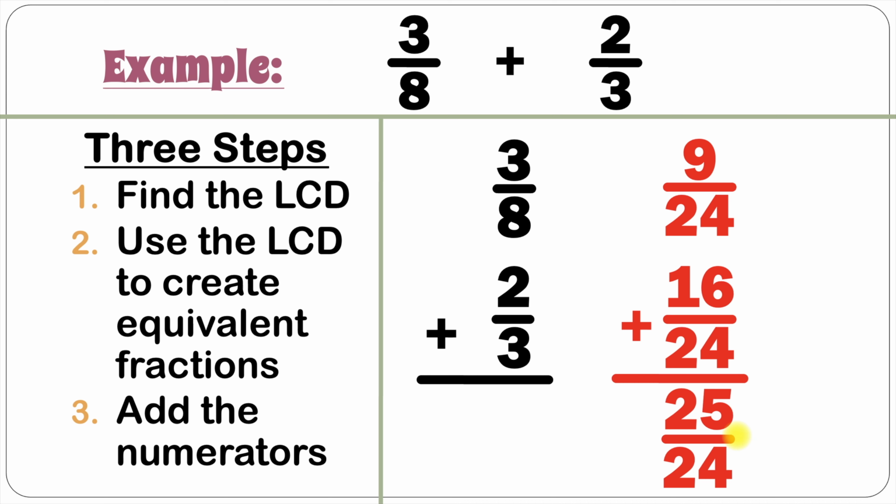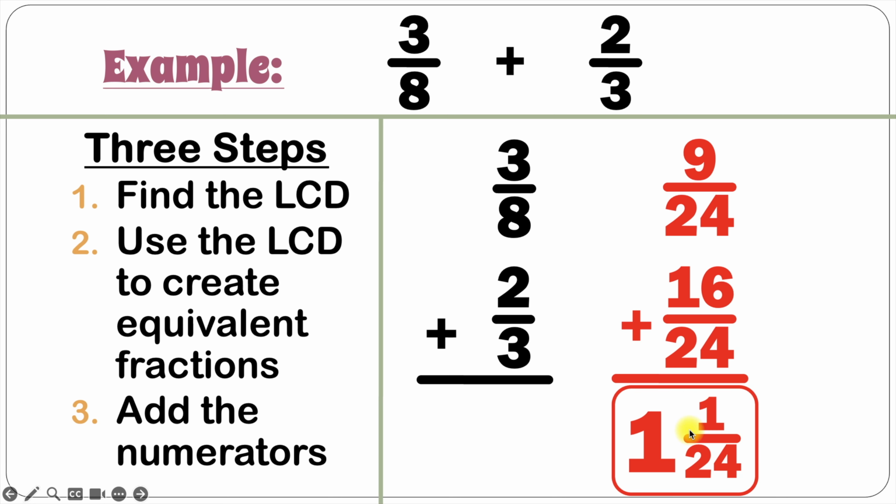The issue is that's an improper fraction, and we can't leave our answer like that. So we convert it to a mixed number by dividing 25 by 24. That goes in one whole time with the remainder of 1. And that means our final answer is 1 and 1 over 24.